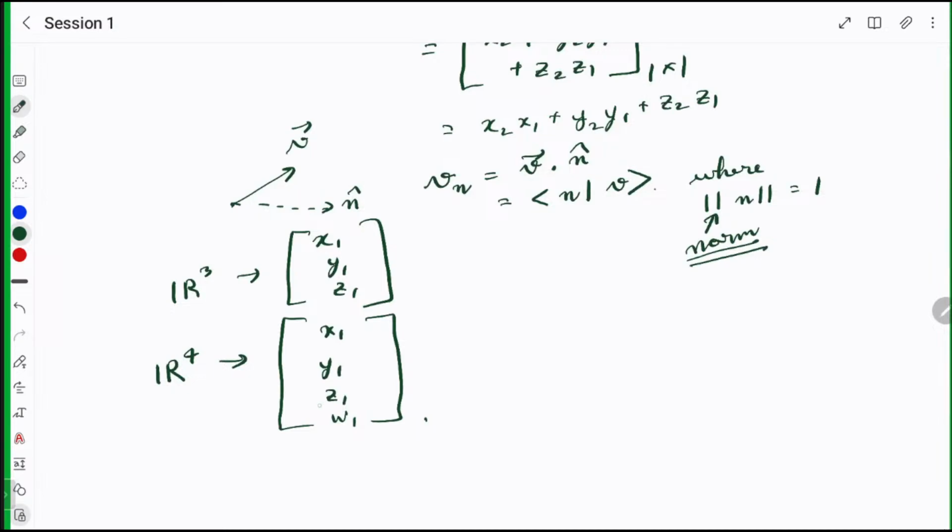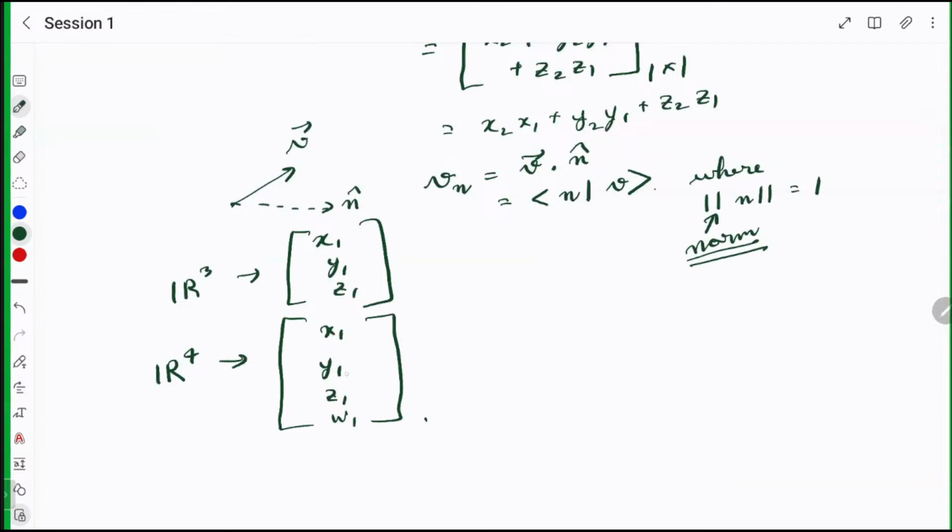But now in R4, you can't visualize like previously. If I told you a point x1, y1, z1, and told you an origin, say this corner of the room is the origin and x1, y1, z1 is so many meters away, you could have gone to that point and said, okay, this is your point. But R4 is different from our real space. It is again a space.